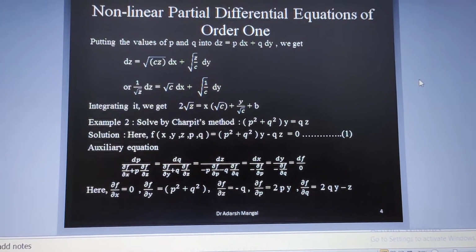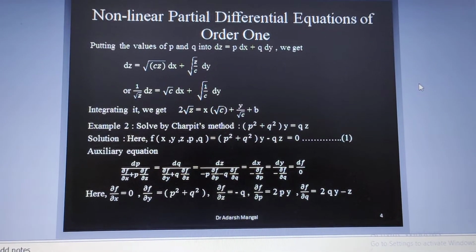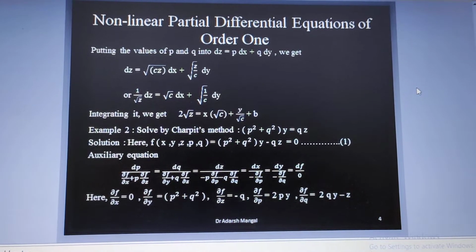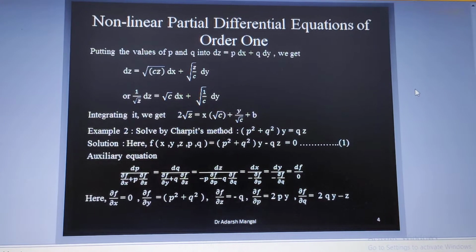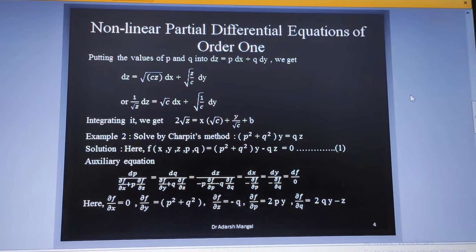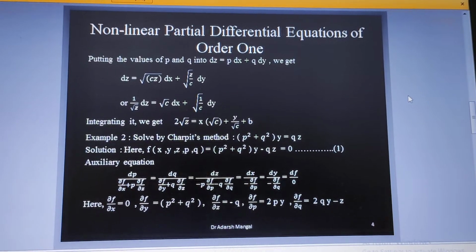Now another example is p square plus q square y is equal to qz. Now the auxiliary equation and then the partial derivatives of f with respect to x, y, z, p and q.